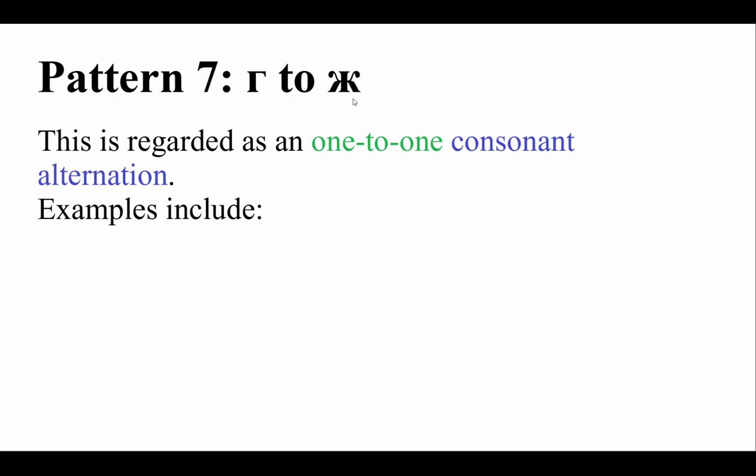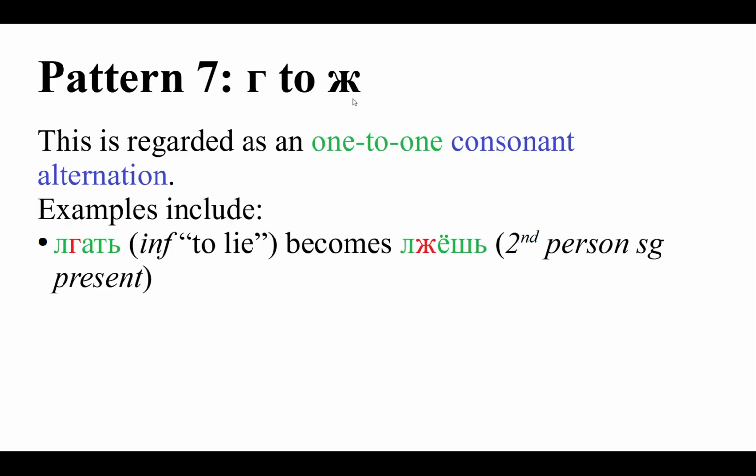One to one again. Examples include лгать, that is to lie, becomes лжёшь. This is the second person singular present line. Now things get interesting here because in English we don't have a pronoun for second person singular, but you just need to remember that this one is specifically for a singular address of you, the singular version of you.